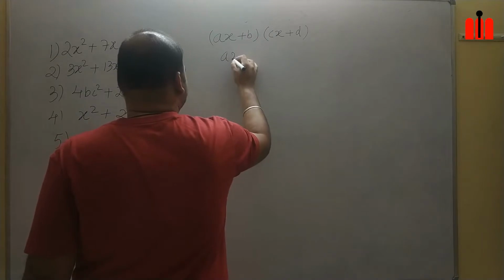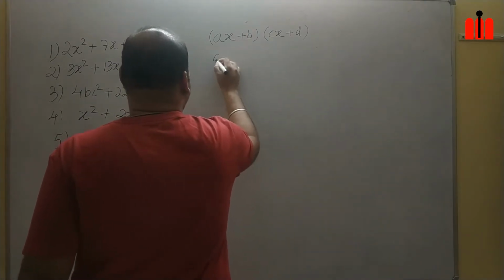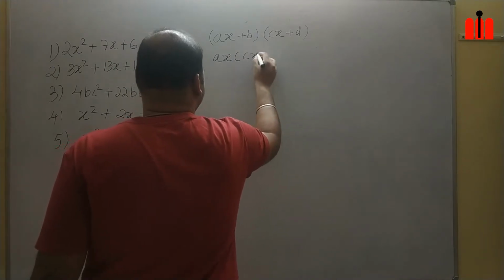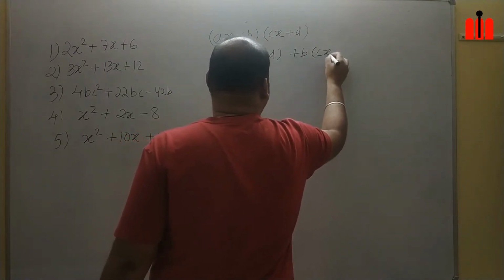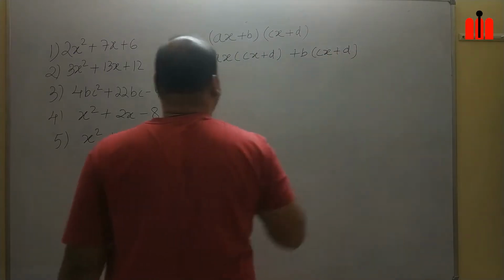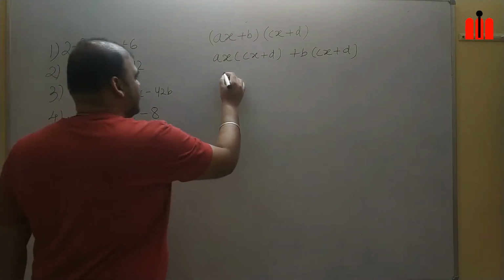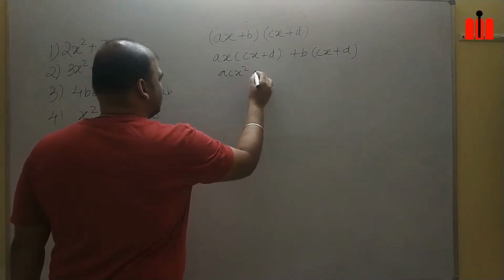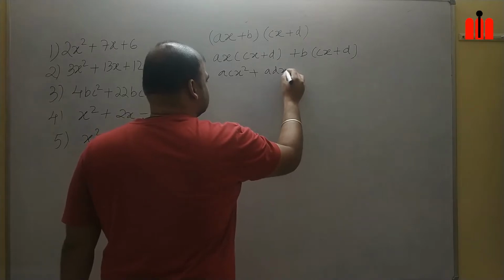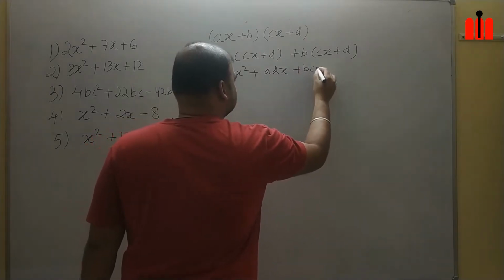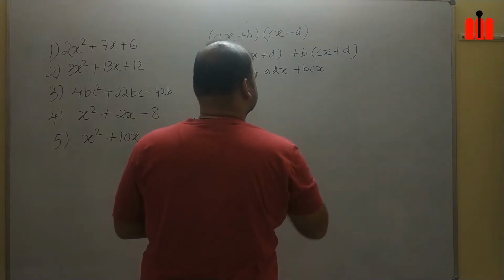Then I will get ax into (cx + d) plus b into (cx + d). This is what I am going to get. Now it will be ac x square plus adx plus bcx plus bd.